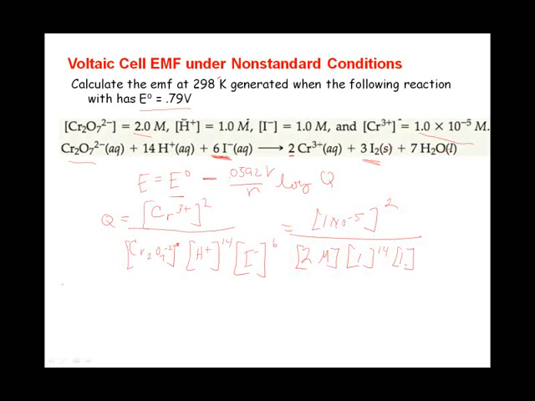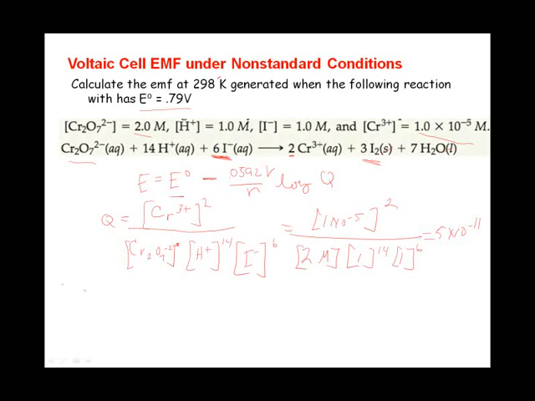That was nice. That will be raised to the 6th, but will also be 1. So if I take that, I end up with 1 times 10 to the minus 5 squared divided by 2 is all this is. And if I do that, I get 5 times 10 to the minus 11. And if you recall, there are no units when dealing with Q and K.